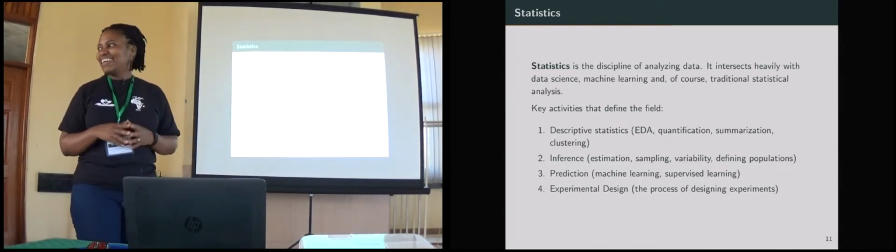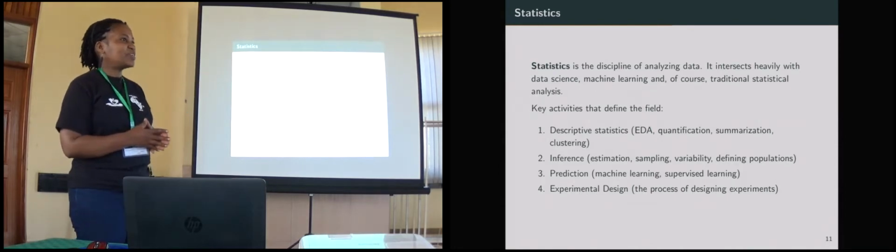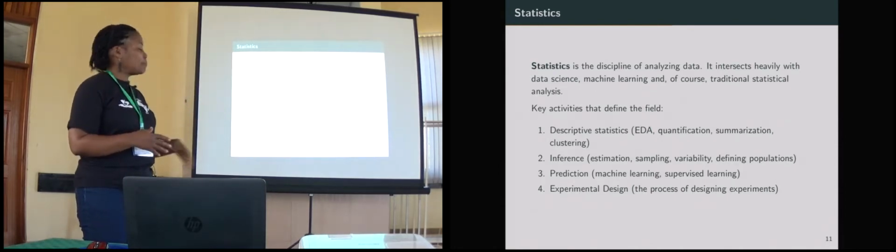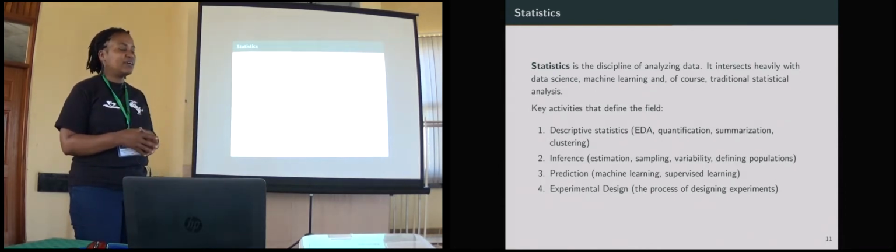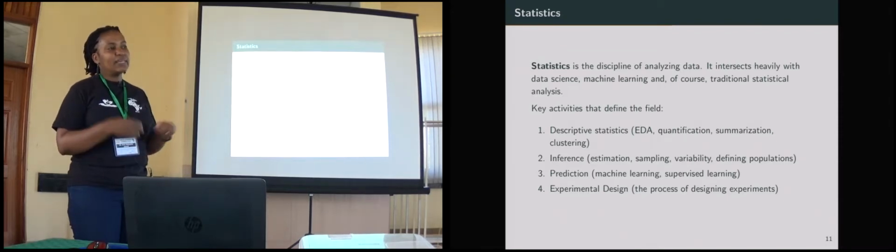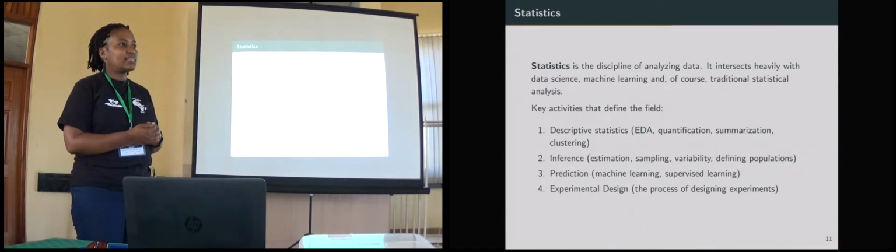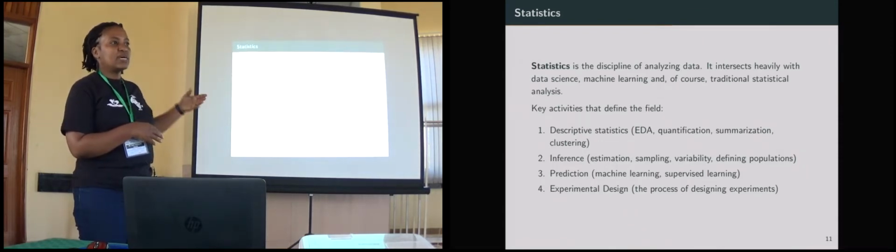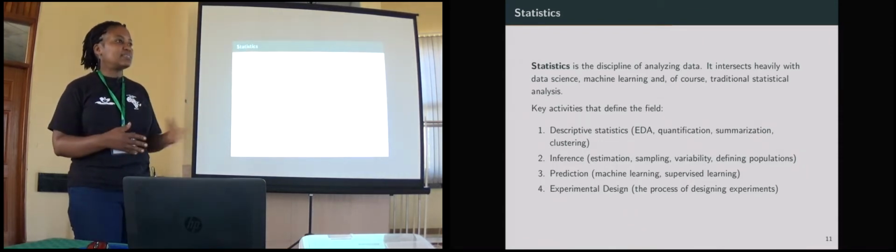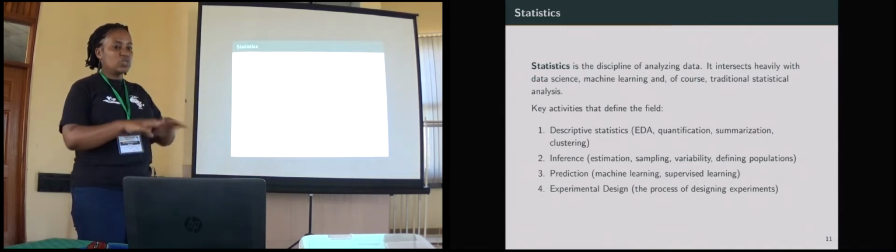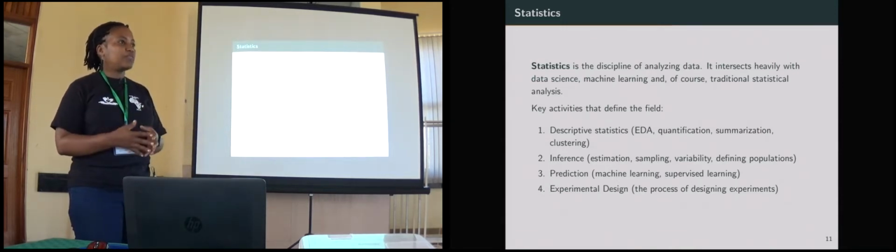In the big picture, we have those main branches of statistics, but the approach you use in analyzing the data is different. It's the same data, but we can use summary statistics in descriptive statistics to get an overview of how the data looks.